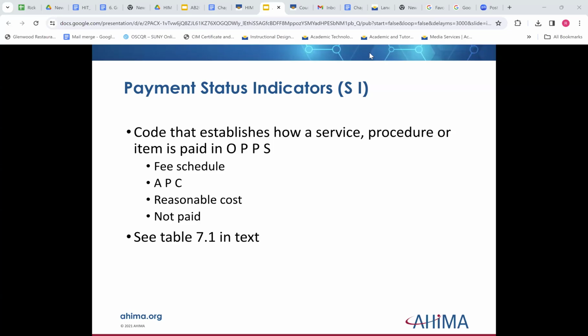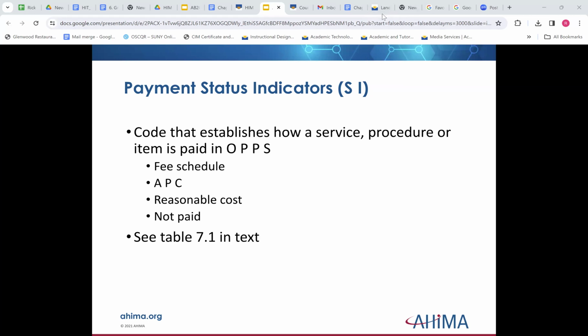So now we have payment status indicators. So basically, this is a code that's telling us how a service or procedure is paid. We talked earlier about the three ways that services are paid, either a fee schedule, an APC, or reasonable cost.